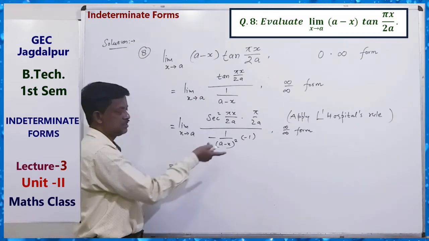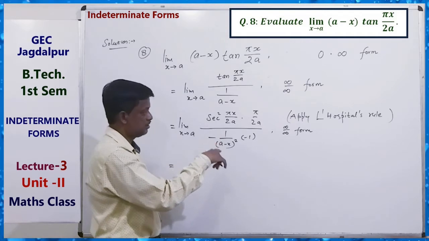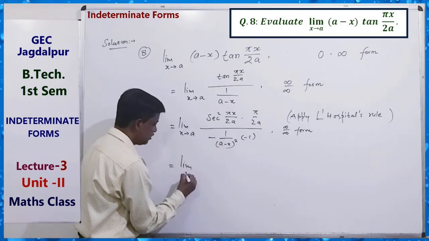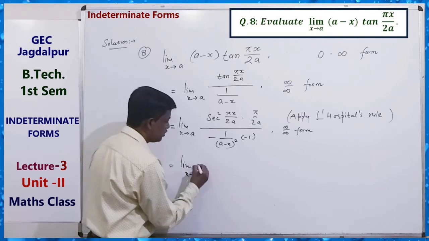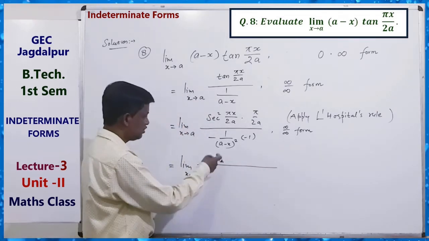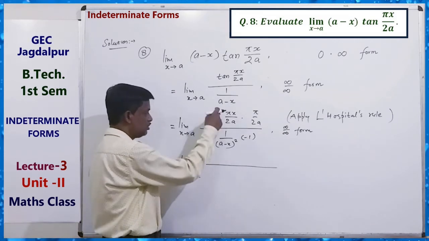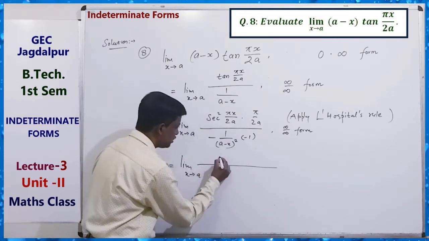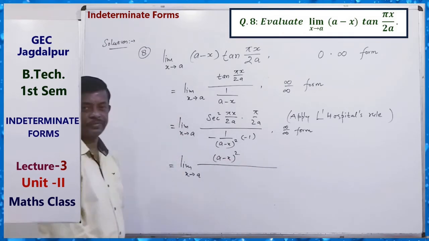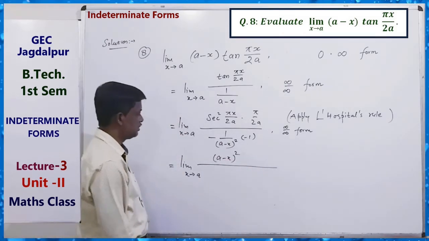For differentiating, just rewrite it in 0 by 0 form. So limit x tending to a, for 0 by 0 form, we invert it. This goes to minus plus a minus x square upon here.